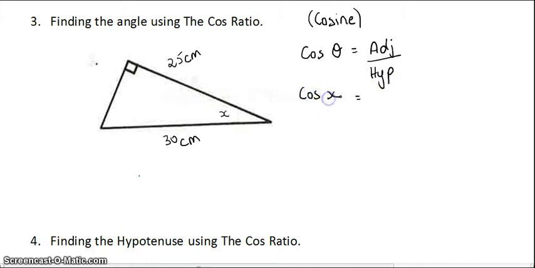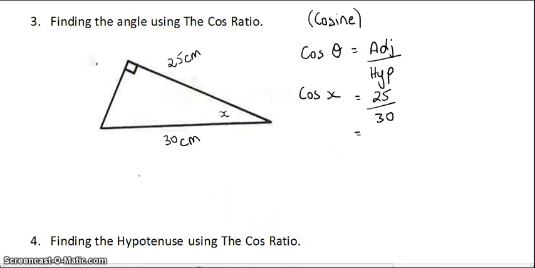Then we replace the information in the formula with the information in the question. So theta is replaced with x, adjacent is replaced with 25 centimetres, and the hypotenuse is replaced with 30 centimetres.